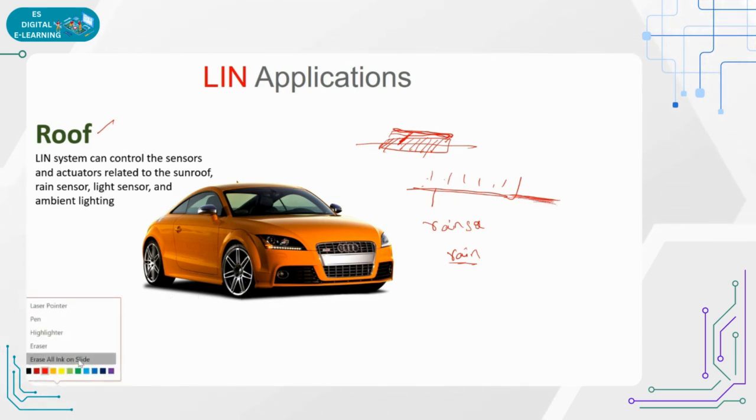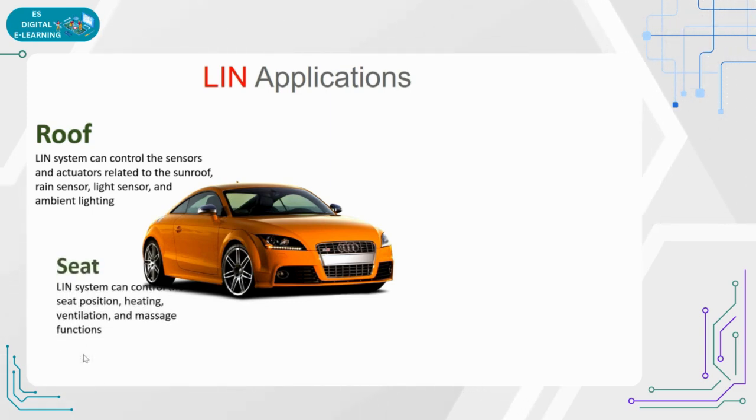The next application is the seat. When you are sitting on the seat in the car, it will be heated up. You get back pain and cannot sit for a long time, so in safety or luxury cars they put cooling fans in the seat.